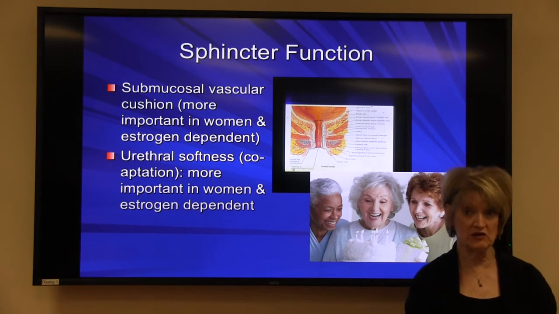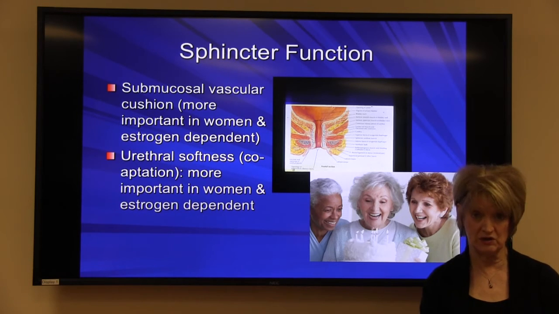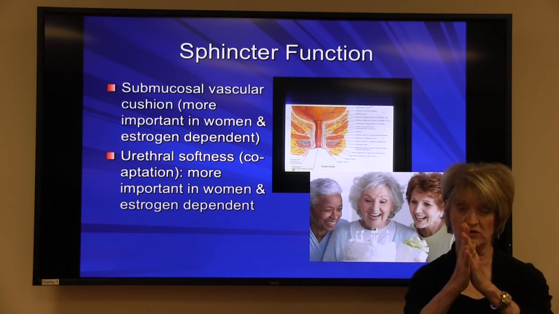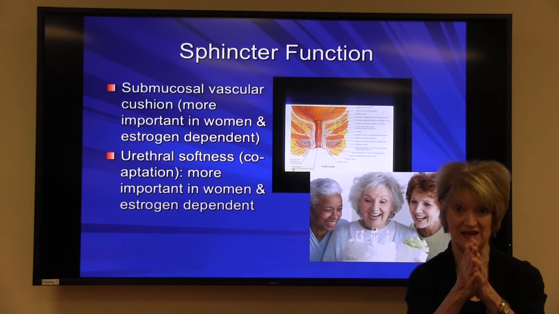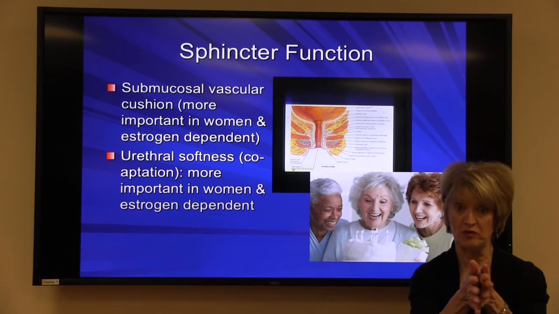Another factor particularly important to women is urethral coaptation. Now what does that mean? It means that the urethral walls are normally very soft and very sticky. They tend to collapse against each other. And it takes a lot of force normally to open them for urine to pass through.